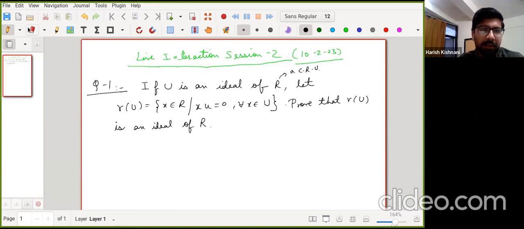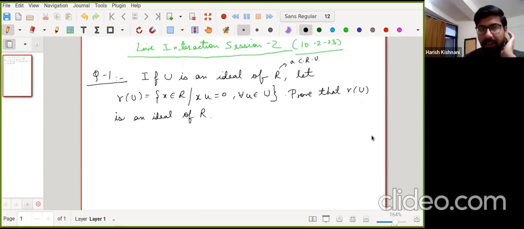This is for all U in U. I was saying it right, but I just wrote it incorrectly. So it's the set of elements that on multiplying give you 0 with any element of the capital U. So can you see that it's an ideal?